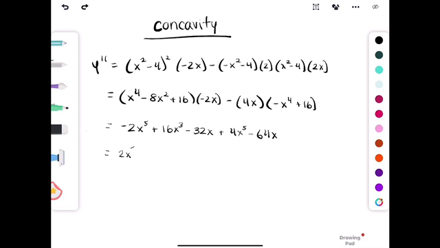So far, your final answer should be 2x to the 5th plus 16x to the 3rd minus 96x, and this is all over x squared minus 4 to the 4th. Then you can take out a 2x to help you for the next step.